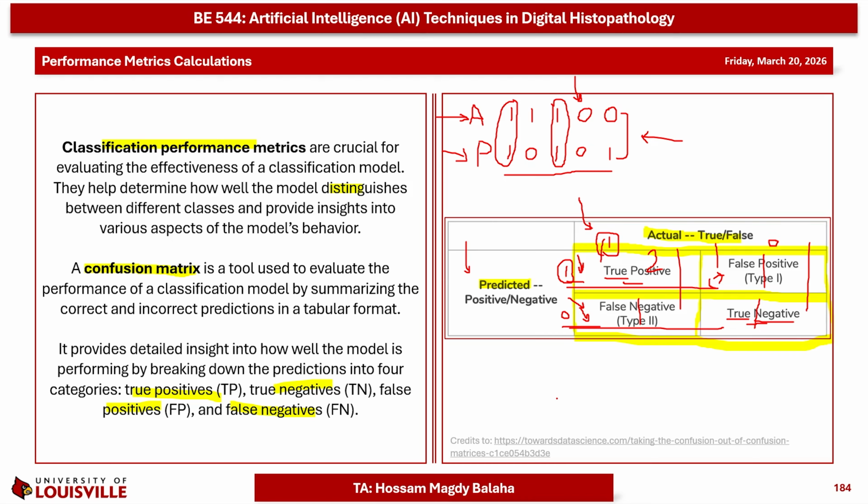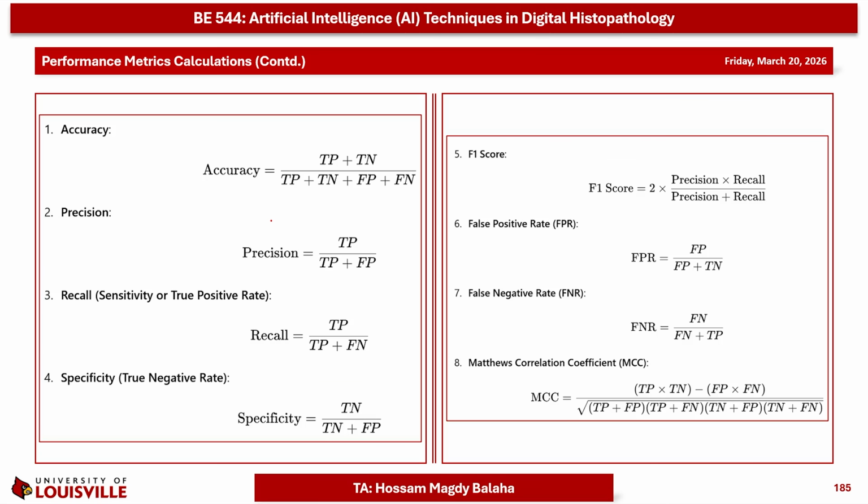Now after filling the confusion matrix, you can calculate different performance metrics. There are many metrics that you can report for your system, and for each there is a certain formula and meaning. So the first one is accuracy, and accuracy here is the number of correctly predicted instances over the overall instances.